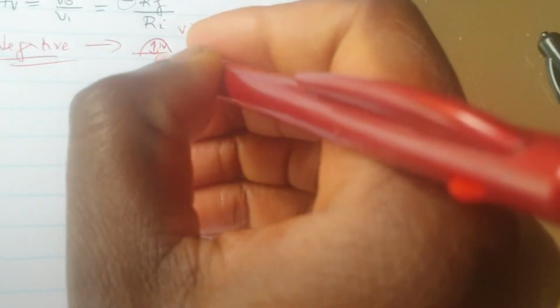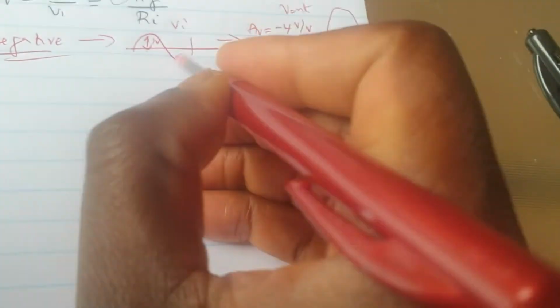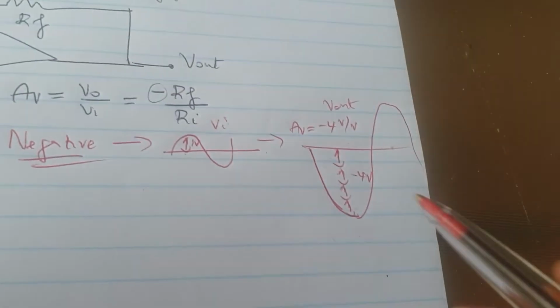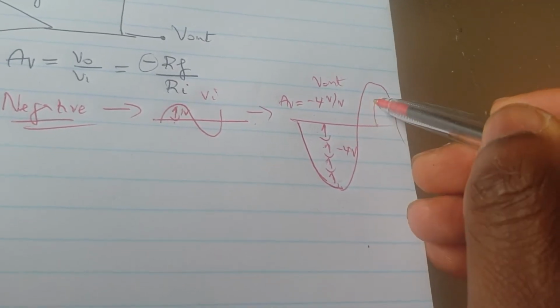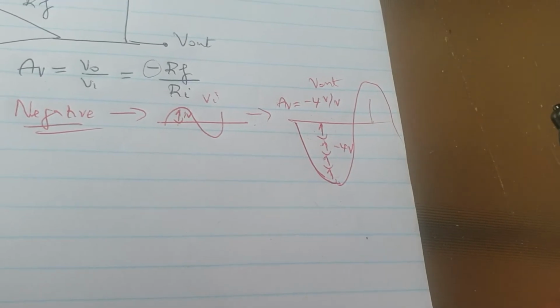As you can see, we went from plus 1 volt to minus 4 volts, and when the input goes negative, that's when the output goes positive. So that's what justifies the negative sign there.